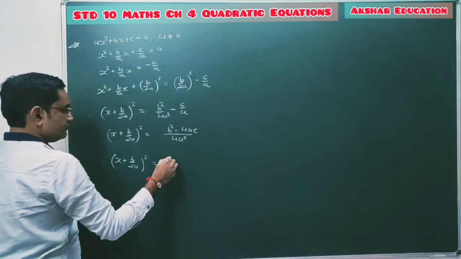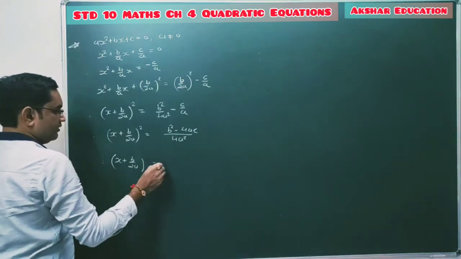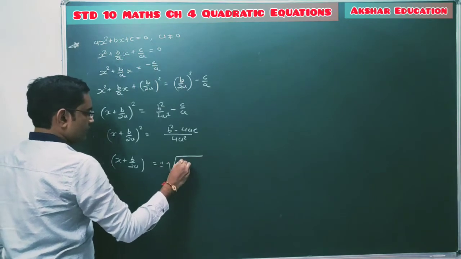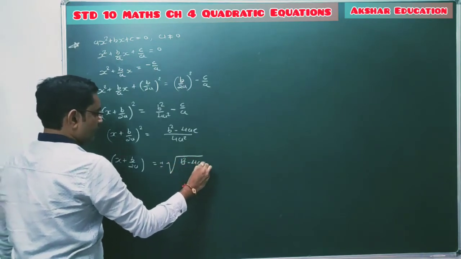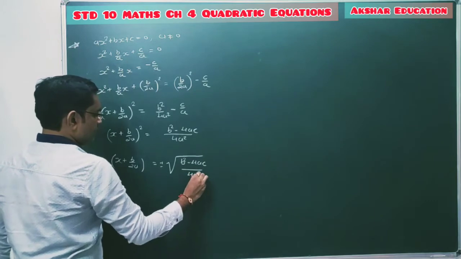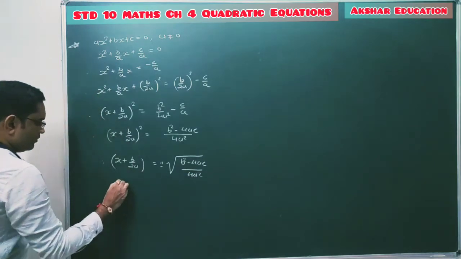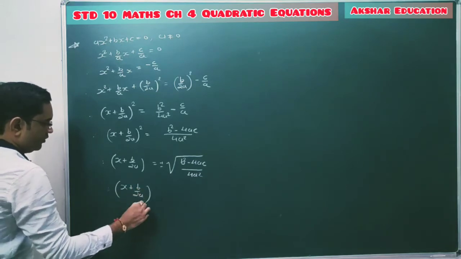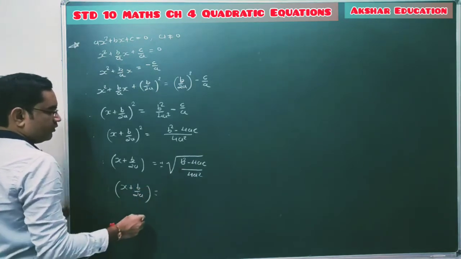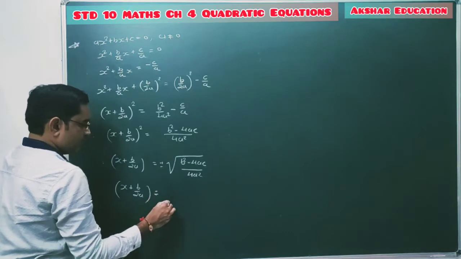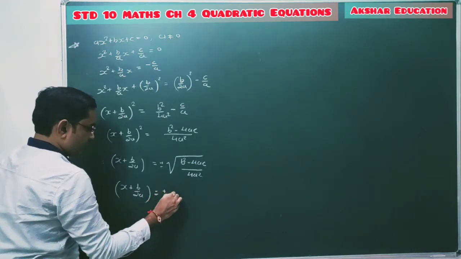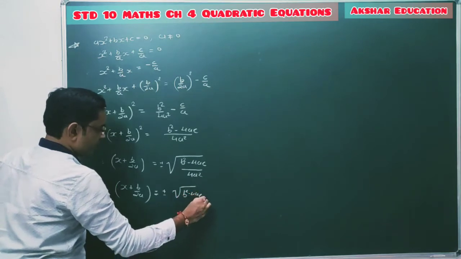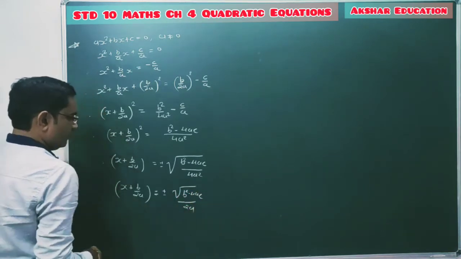Here, taking square root on both sides, we take plus or minus square root of b square minus 4ac upon 4a square. So this will be x plus b upon 2a. Now taking square root separately on the numerator as well as the denominator, it will be plus or minus square root of b square minus 4ac divided by 2a.